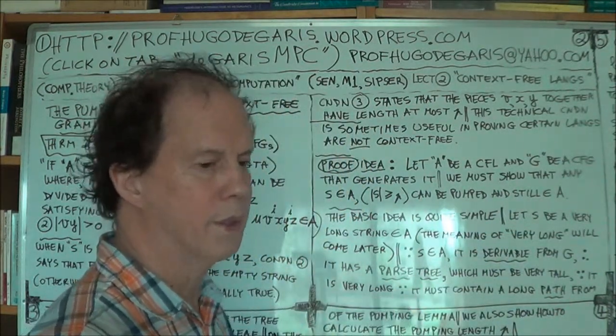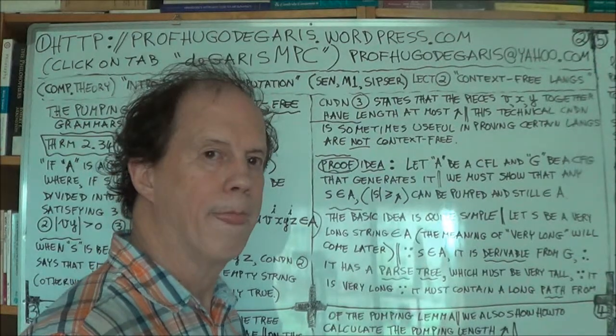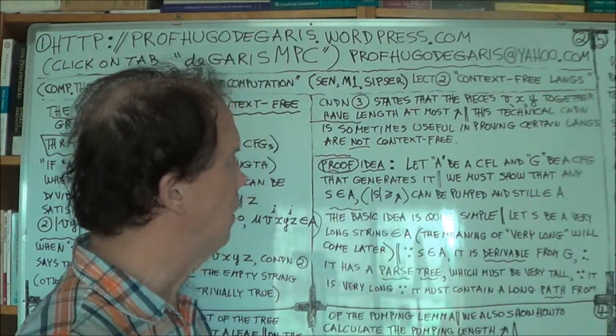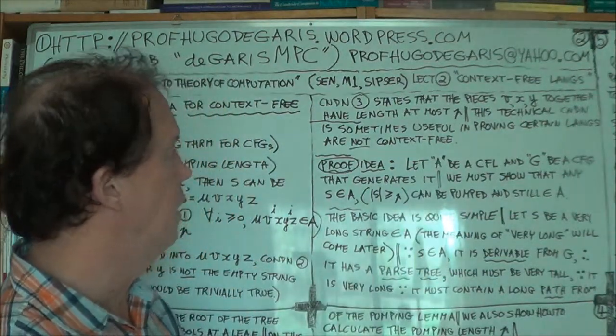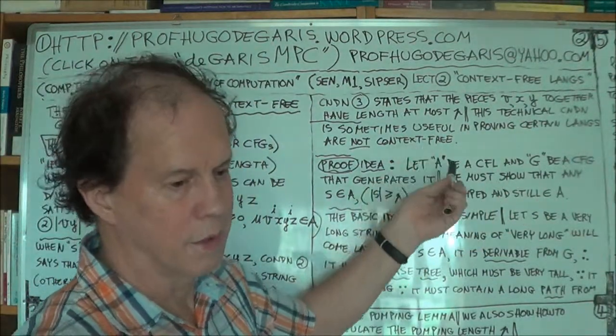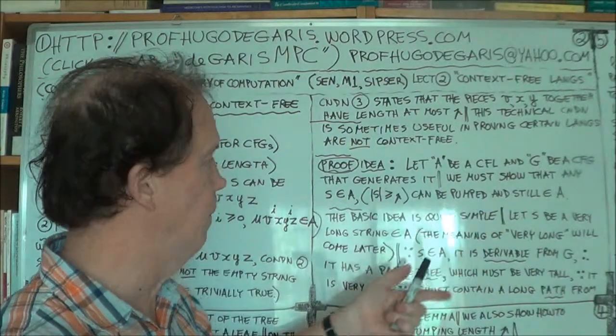Even once they're pumped, they still belong to the language. That's the pumping lemma. That's sort of the guts of it, like I was trying to say earlier. And there's a bit more to it, because there's condition 2 and 3 as well.